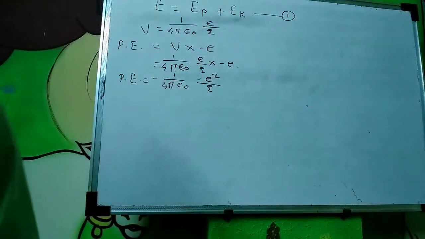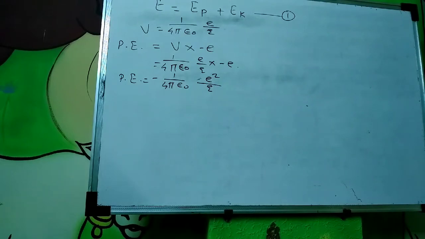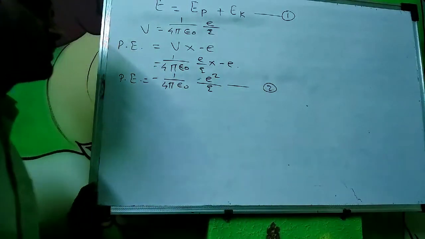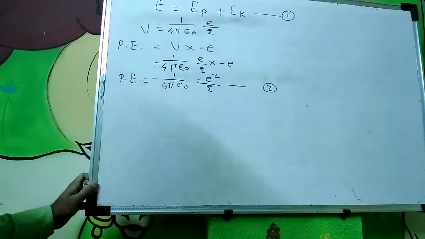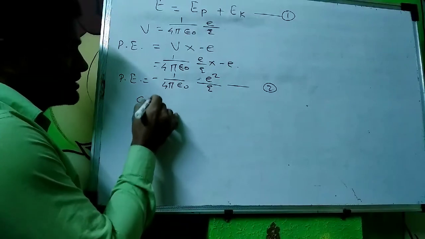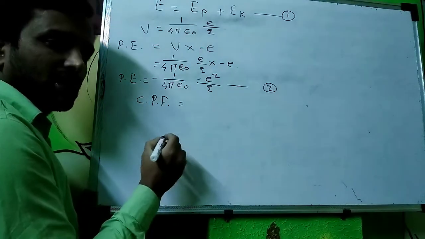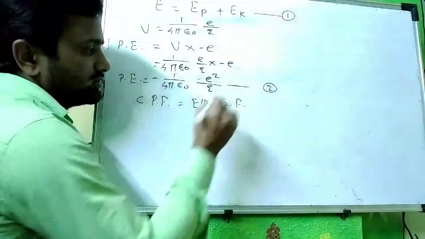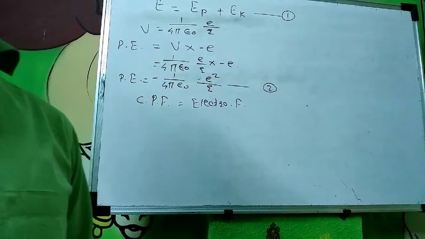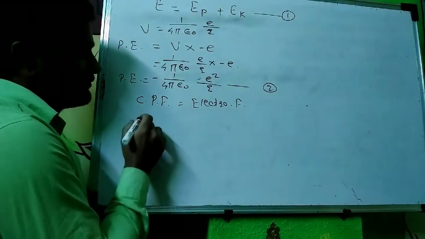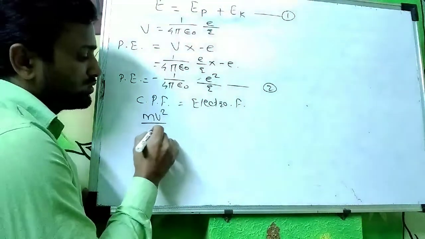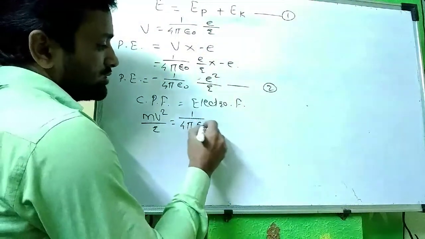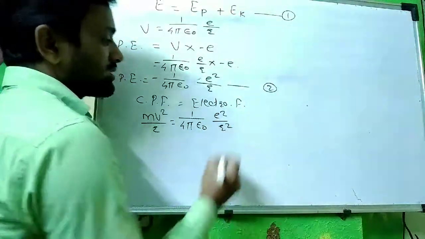How can we derive the value of the kinetic energy? From Bohr's first postulate, which we consider as equation number 2, we know that the necessary centripetal force is provided by the electrostatic force of attraction between the positively charged nucleus and the negatively charged electron. How can we write the formula for centripetal force? m v square upon r is equal to the electrostatic force, given by 1 by 4 pi epsilon naught e square upon r square.